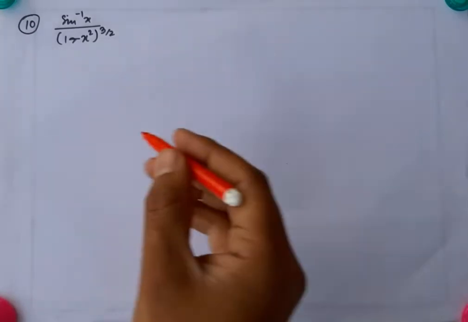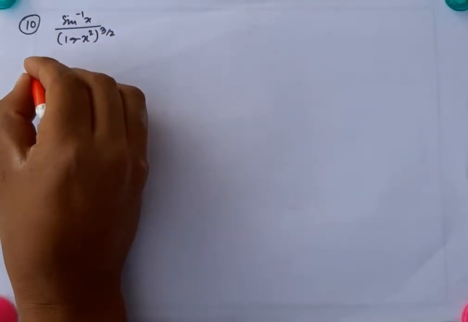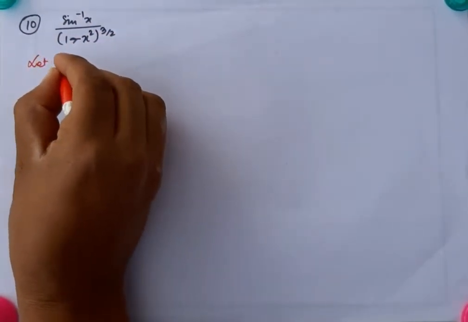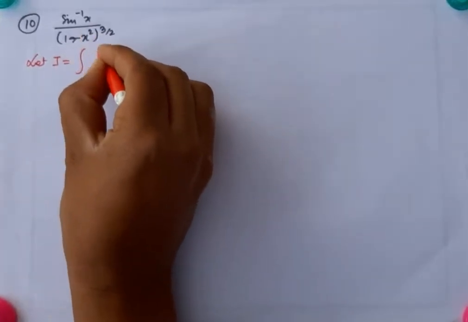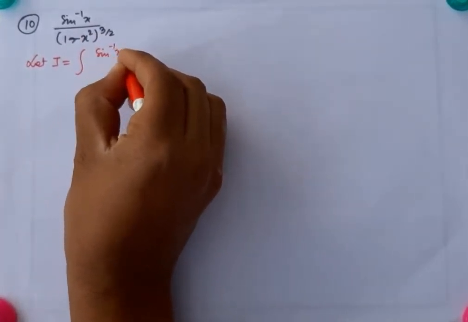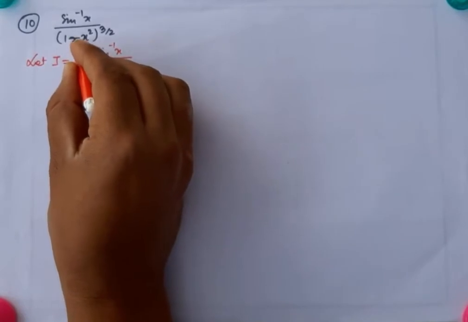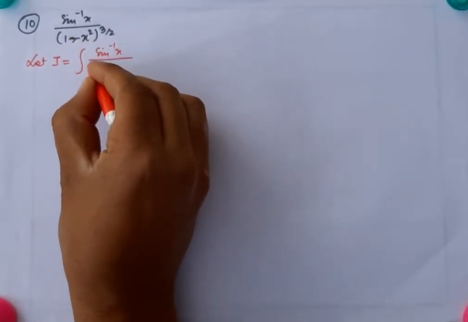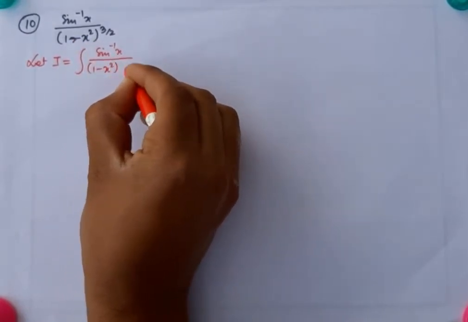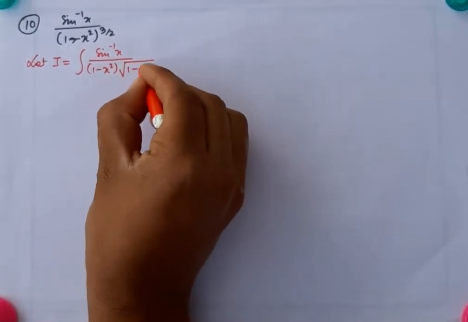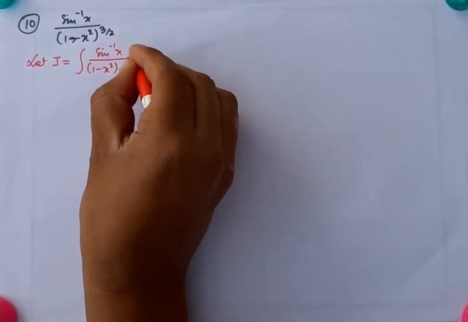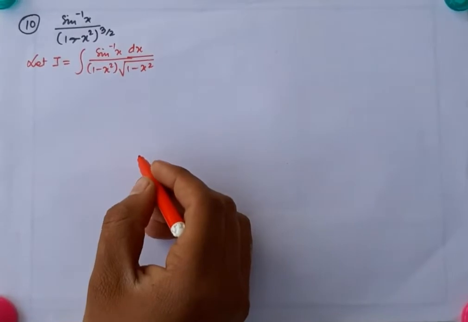Now let's continue with this problem. So we have, this is my I, so let I is equal to integral sine inverse x by square root of 1 minus x square, and we'll put dx also.